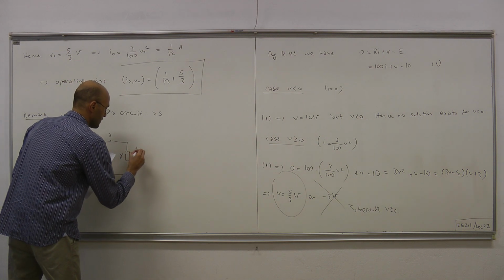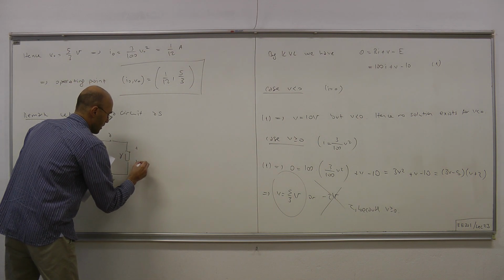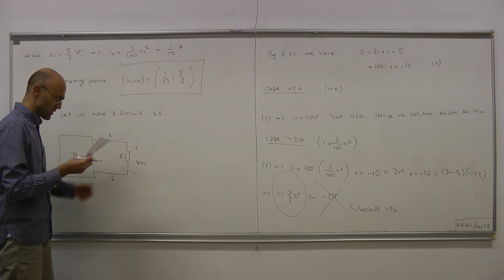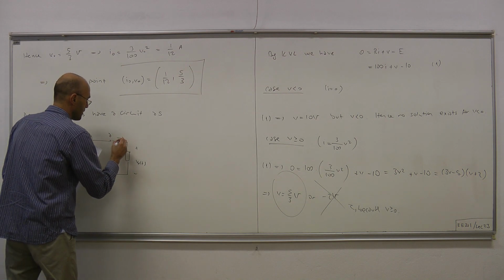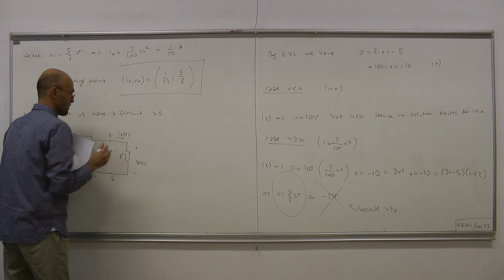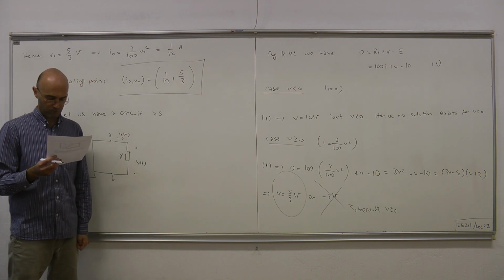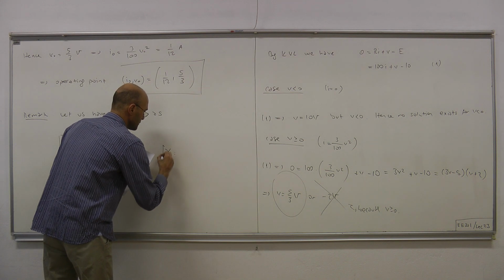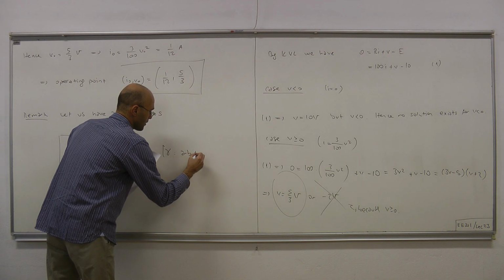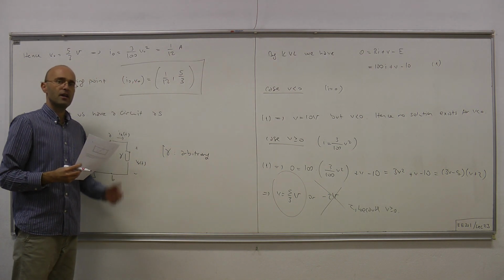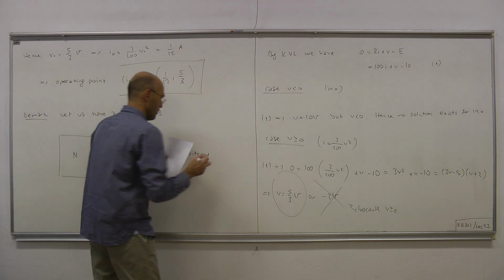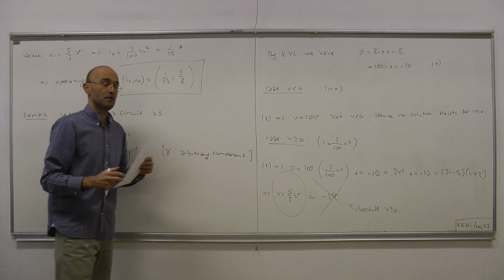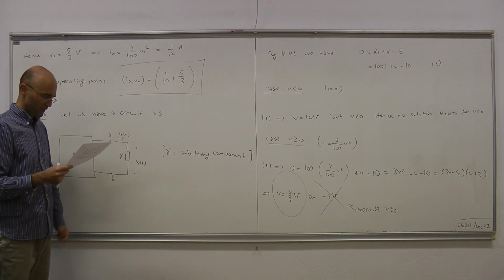And here we call the voltage across the terminals of this component Vx, and its current Ix of t. And gamma is just an arbitrary component. It doesn't even have to be resistive, just an arbitrary component.